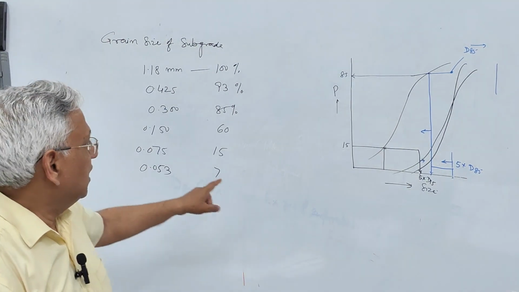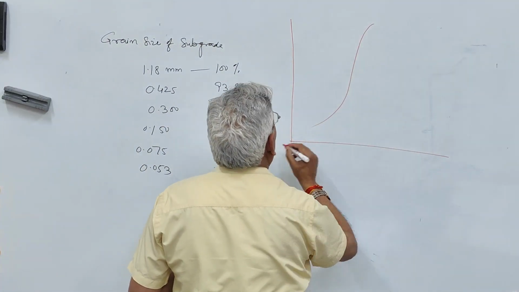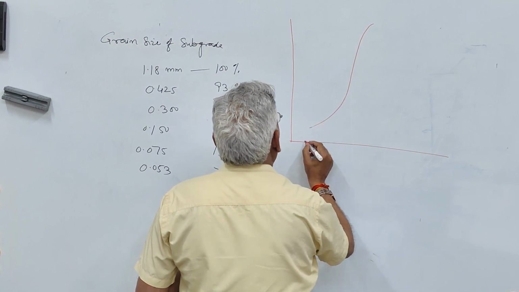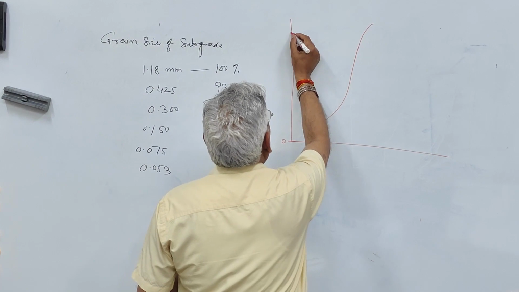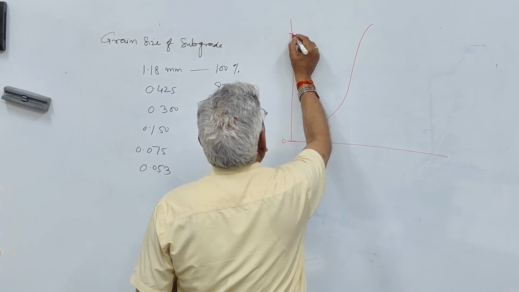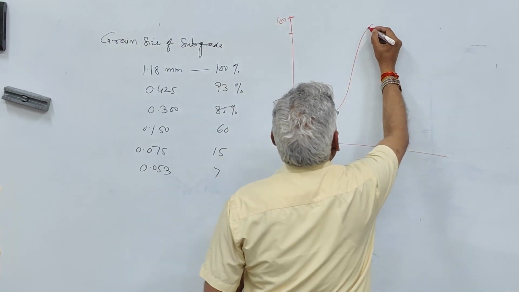Now, this is the grain size distribution curve of the subgrade soil. Percent passing 0 to 100.